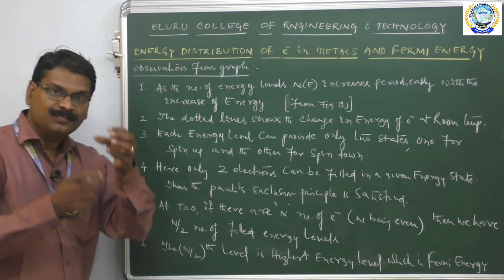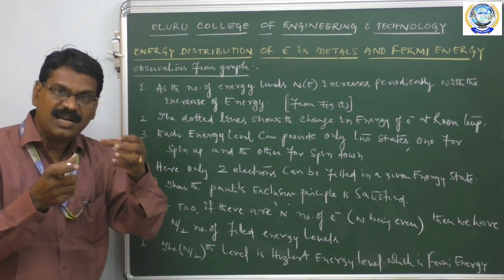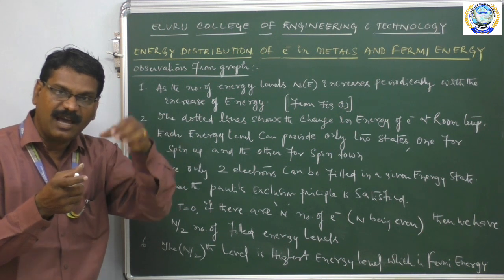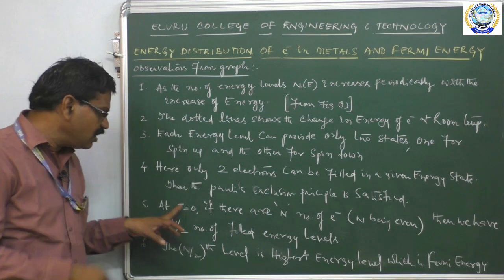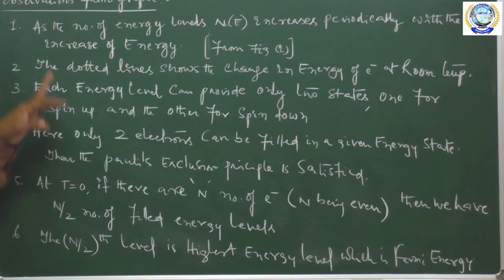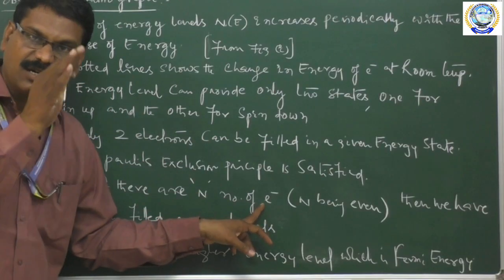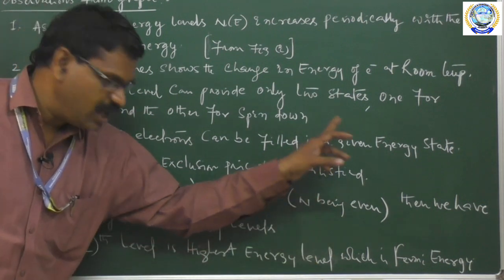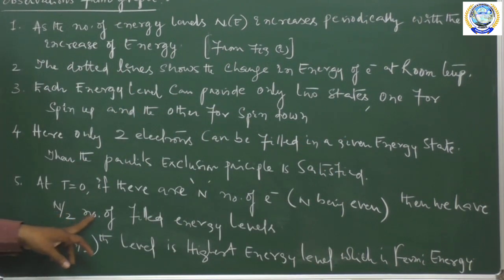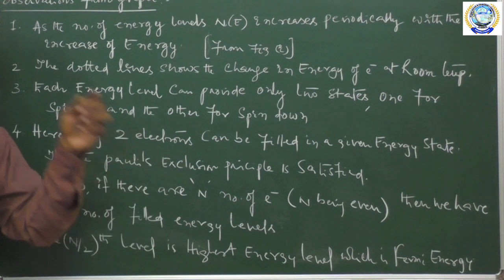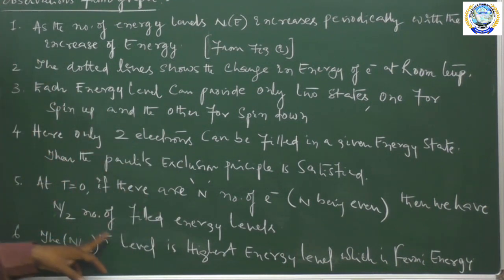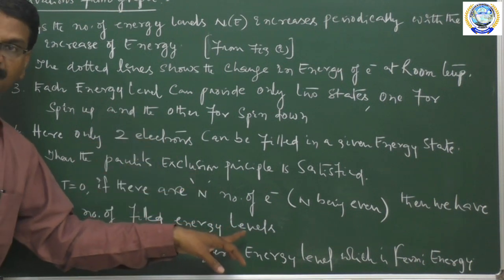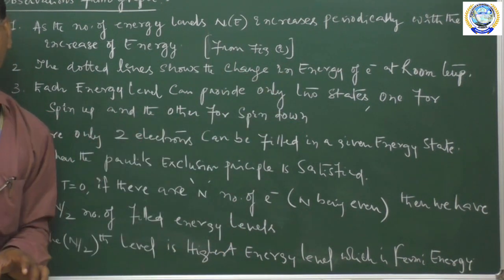So the Fermi energy, the highest energy state level, is available only at T equal to 0. That means at T equal to 0, if n is even, then we have n by 2 number of filled energy levels. That n by 2th level is considered the highest energy state and we call it the Fermi energy level.